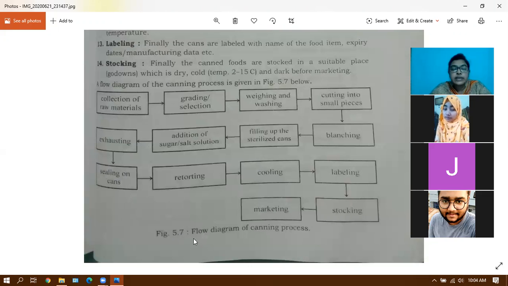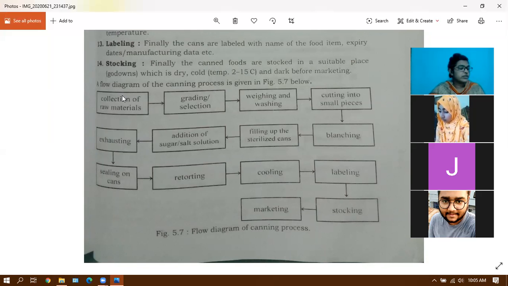Figure 5.7. Can you see this? Here is given a flow diagram of canning process. Now we will discuss this flow diagram of canning process. First, collection of raw materials. Those foods are to be canned.